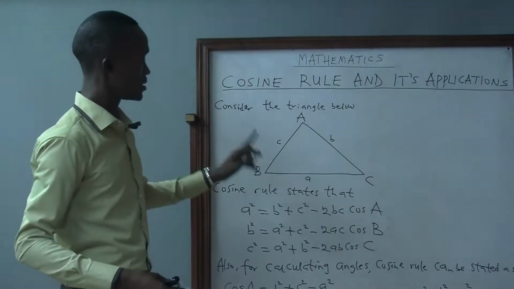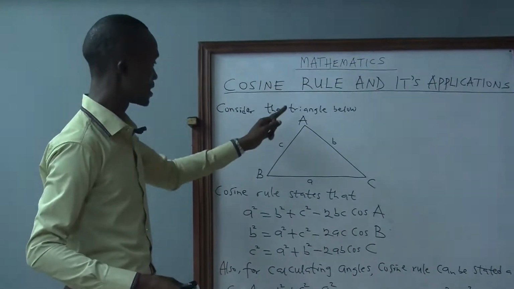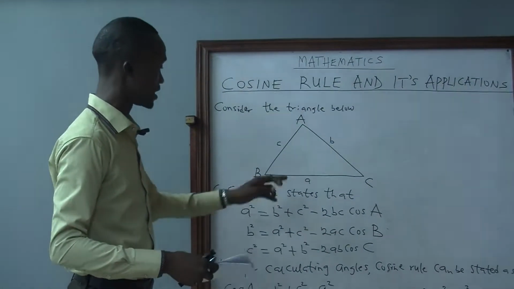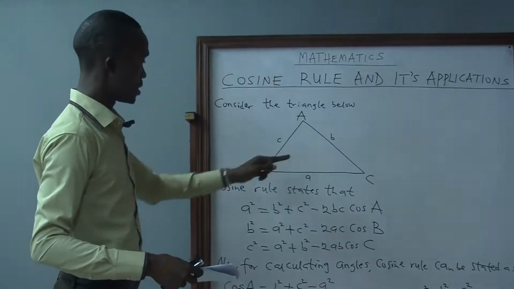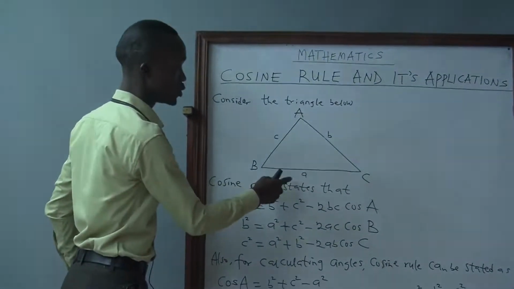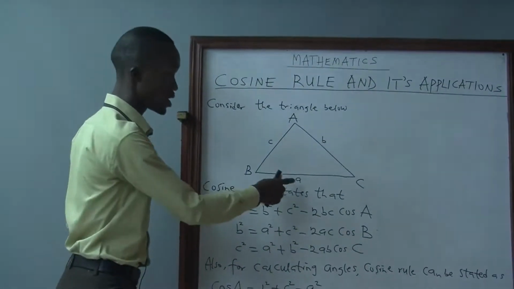I explained in previous lessons that the side facing each angle is represented using the lowercase or the small letter. We have angle A. The side facing angle A, we are representing that with small a.